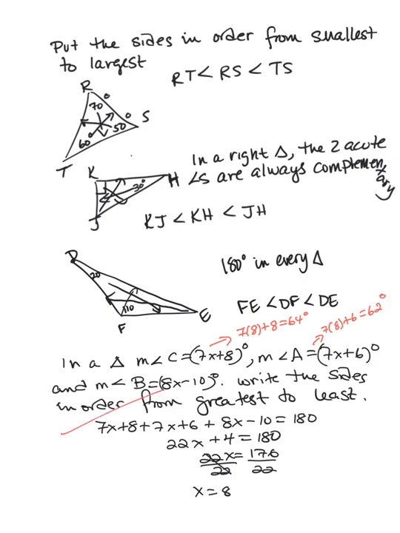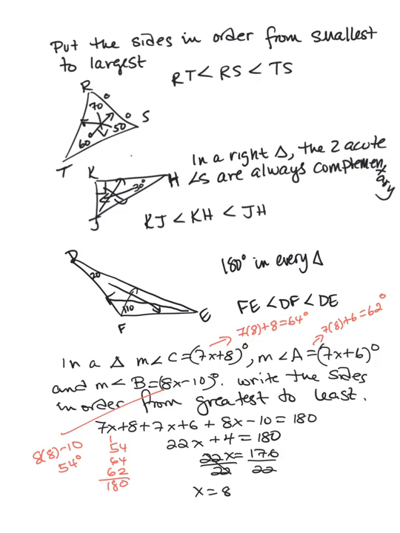Then I get 8 times 8 minus 10. 64 minus 10, 54 degrees. Okay, make sure that these actually add to 180. It's a good built-in check. Yep, they do.